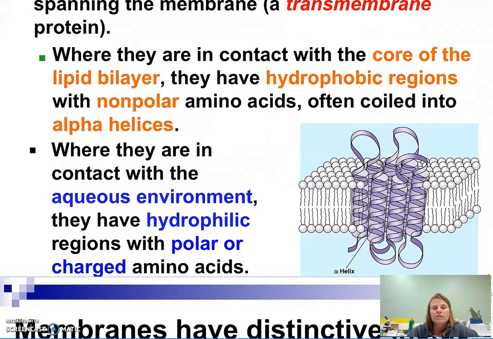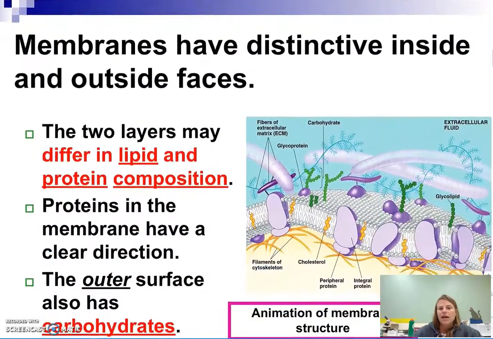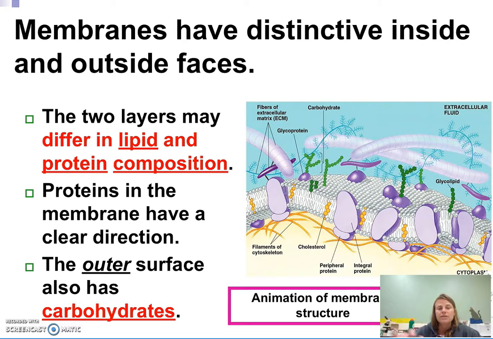On the other hand, outside and inside of the plasma membrane, you'll have the hydrophilic part of the protein, where there are regions of polar or charged amino acids. Now, membranes will also have two different faces.